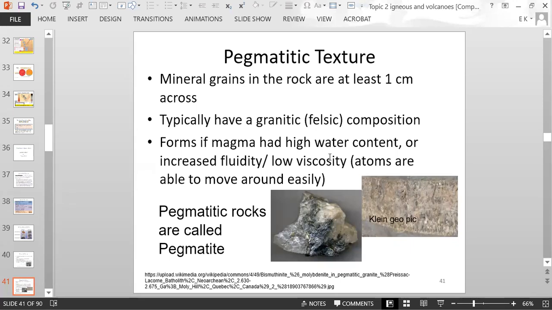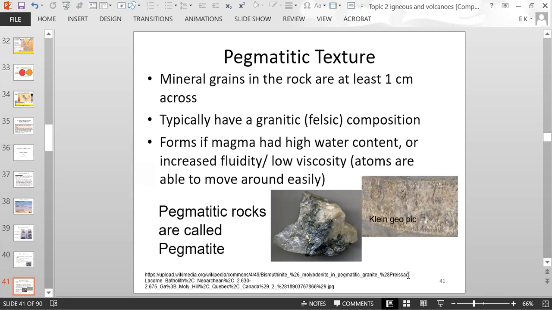So if they're able to move around easily, then they're able to grow and add on to crystals that are already forming, like the nuclei that are forming. So you're able to get larger crystals.